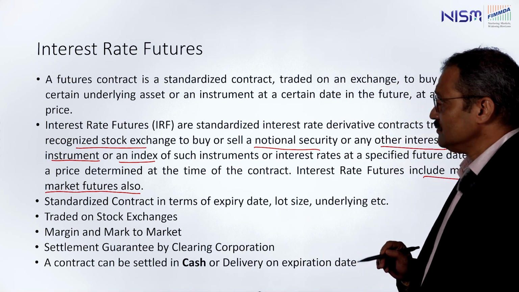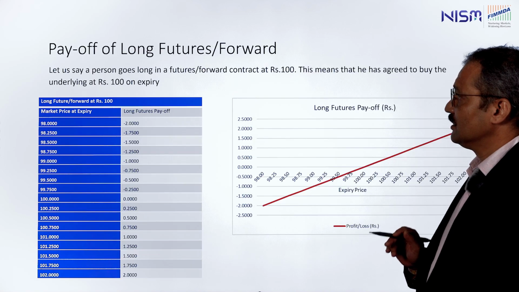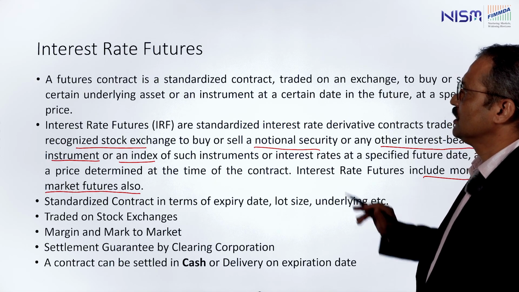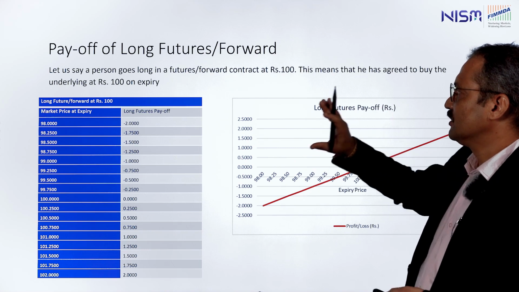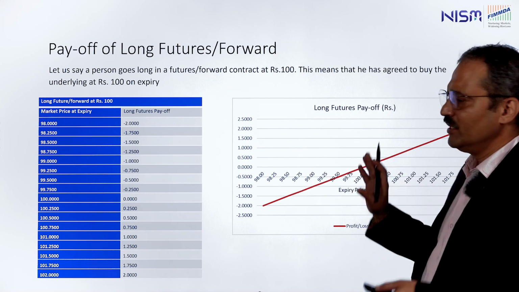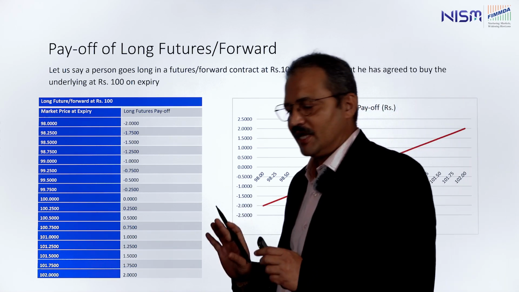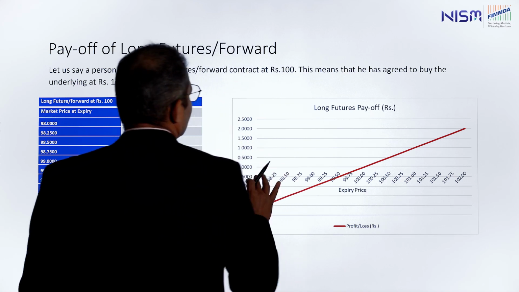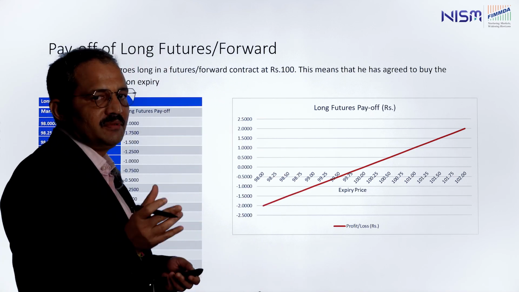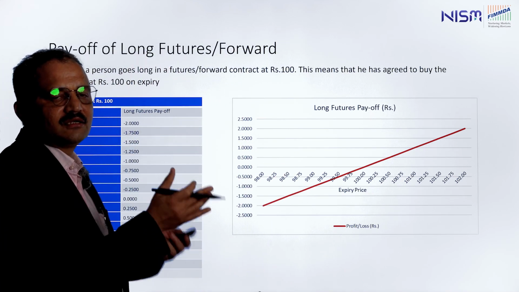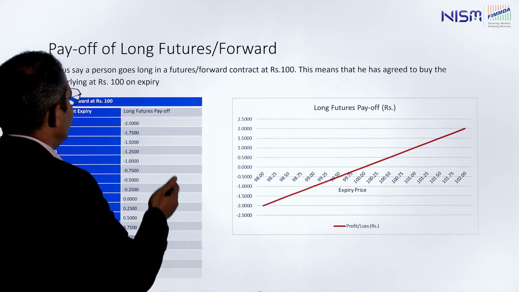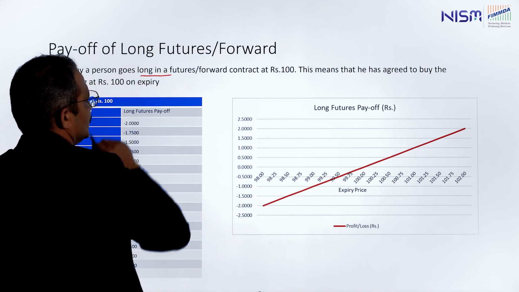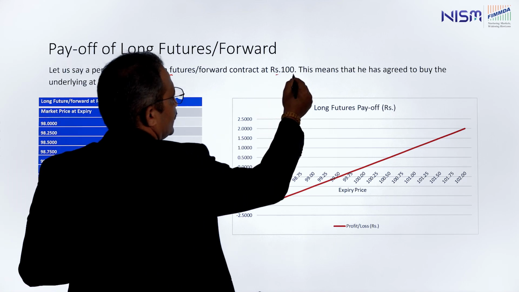Now in India, before going to the various contracts available, what are the payoffs of futures and forwards? It is exactly the same. Here I am taking the example of a single bond future, so it becomes exactly like any other stock future available in the market. Suppose a person has taken a long position in a future at a price of 100 rupees.